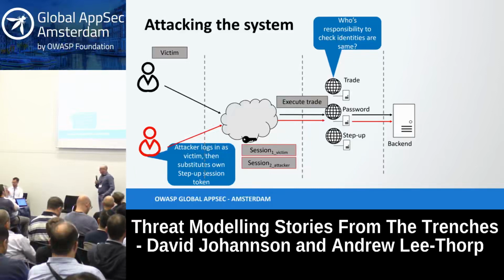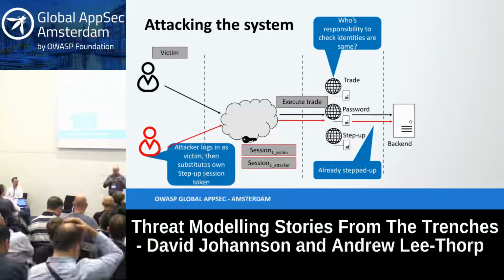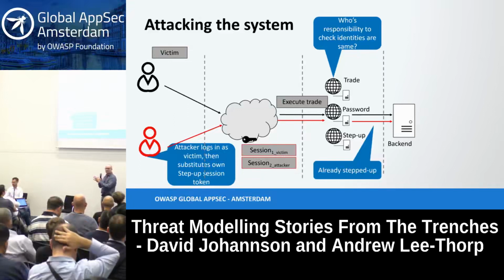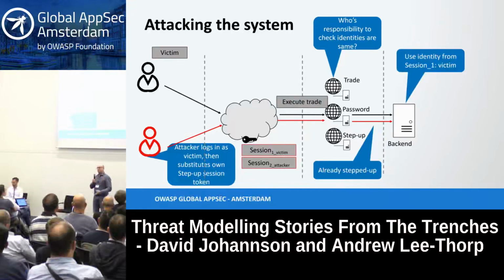So that falls through and it goes to the business layer. The business layer has a choice. Who's the user? And typically, in a lot of systems, this kind of thing has been bolted on afterwards, and changes are done to minimize impact on the rest of the system. So typically, the original business layer looks at session 1 and it doesn't look at session 2. And there's no coherent enforcement of the fact that these should actually belong to the same user.